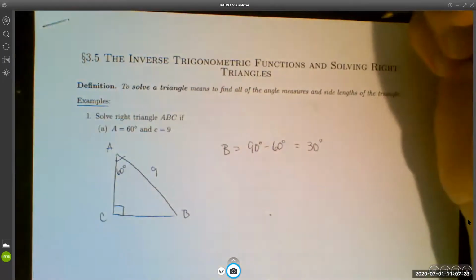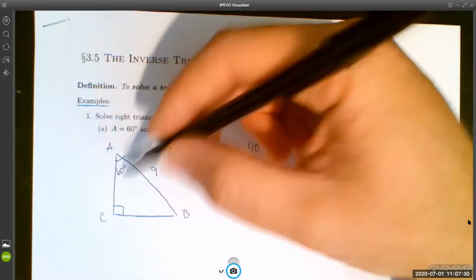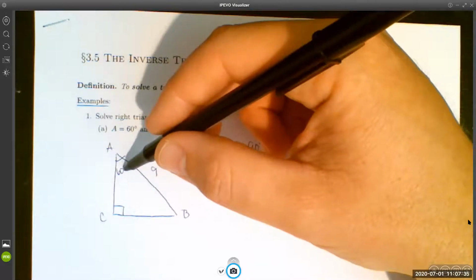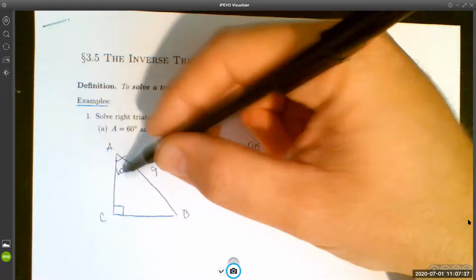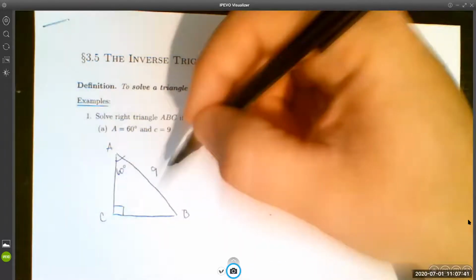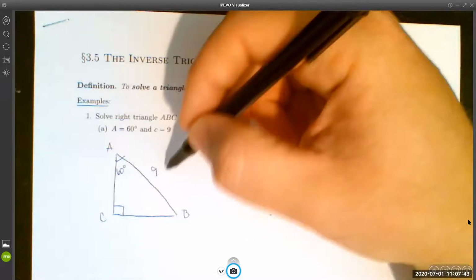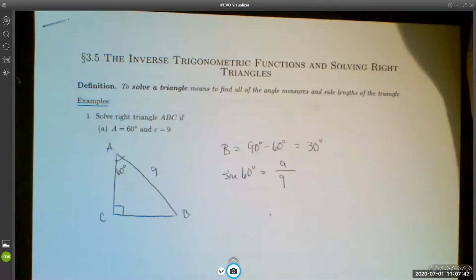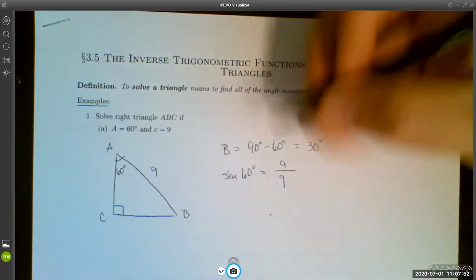Well, this is where trig comes in handy, right? You could say something like sine of 60 degrees is A over 9, right? So to solve for A now, we would just multiply both sides by 9.